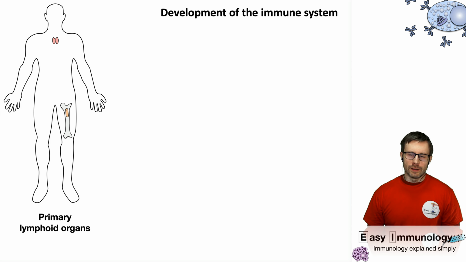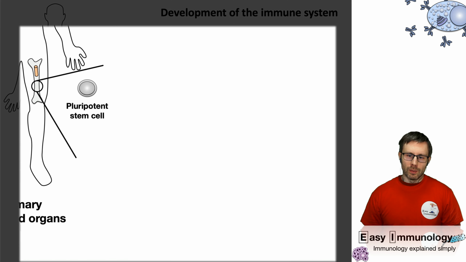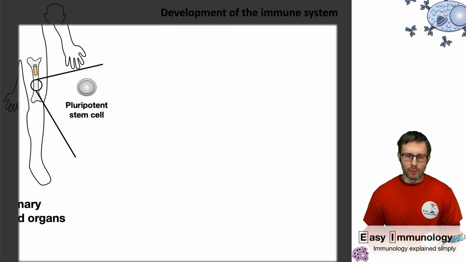So where do the cells of the immune system come from? Where do they develop? They develop in the so-called primary lymphoid organs, the bone marrow and the thymus. In the bone marrow, we have so-called pluripotent stem cells. Stem cells are cells that can develop into many different cell types. They are not able to develop into every type of cell.